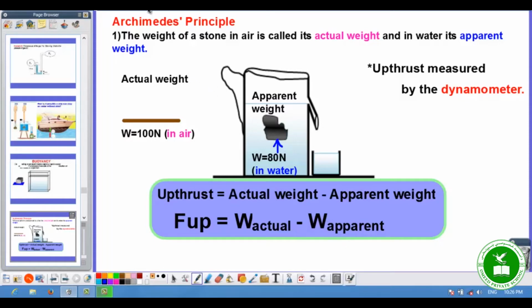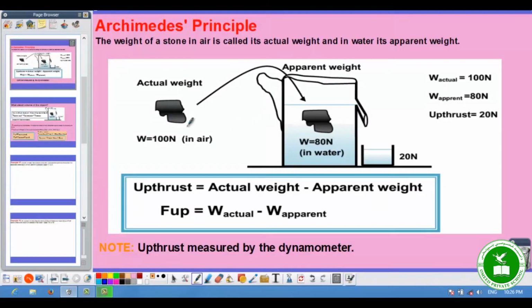Now let's continue. Here we have in air 100 Newton, in water 80 Newton, and the weight of displaced liquid is also 20 Newton. Upthrust force is equal to actual weight minus apparent weight. It means 100 minus 80, which becomes 20.